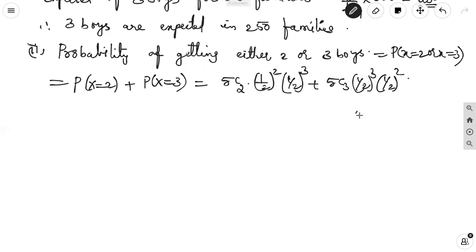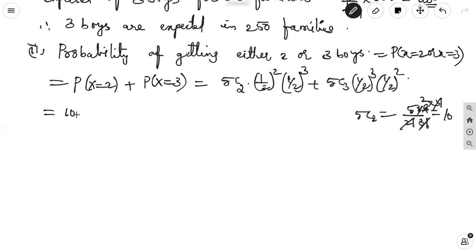We know that 5C2 is equal to 5 factorial by 2 factorial into 3 factorial. It is also 10 only. 5C3 value is 10, 5C2 value is also 10.